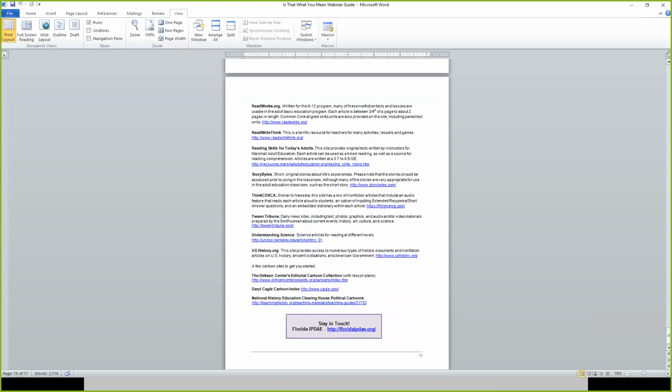And if you need very easy stories, the reading skills for today's adults are written from a 0.7 to an 8.9 grade equivalents from Marshall Adult Ed, written by adult ed instructors, and you do again have the story bites there. One of the things, Susan, I would strongly recommend before you use some of the materials is, of course, to read them carefully to make sure that they are appropriate for your adult education audience.